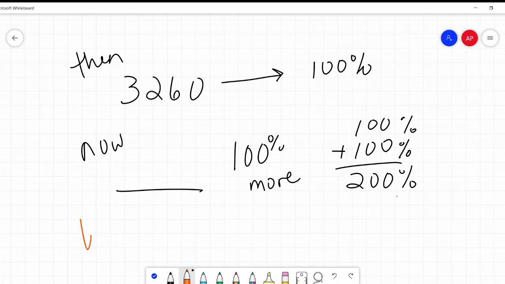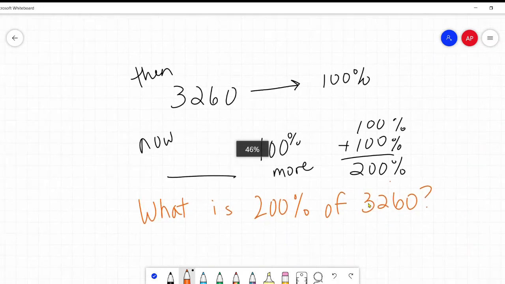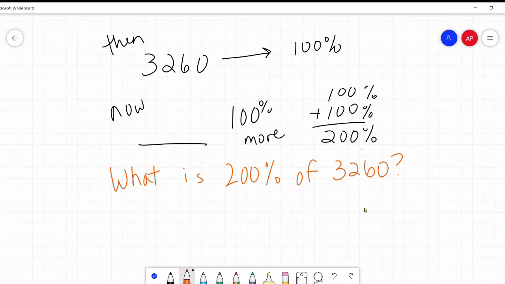They're asking, what is 200% of 3,260? Which is a much more straightforward question. So it's 2.00, or 2 times 3,260.